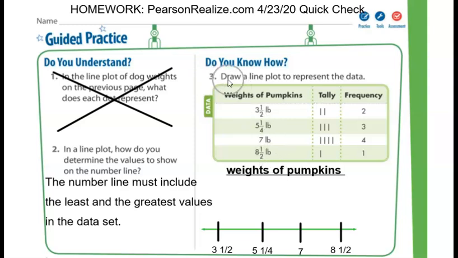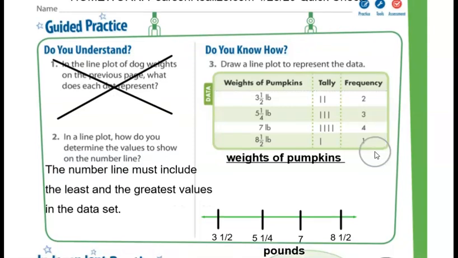Now on number 3, it says draw a line plot to represent the data. There are a couple of different ways that you can do this. Due to space, I marked mine in 4 sections and used just the numbers that are listed.